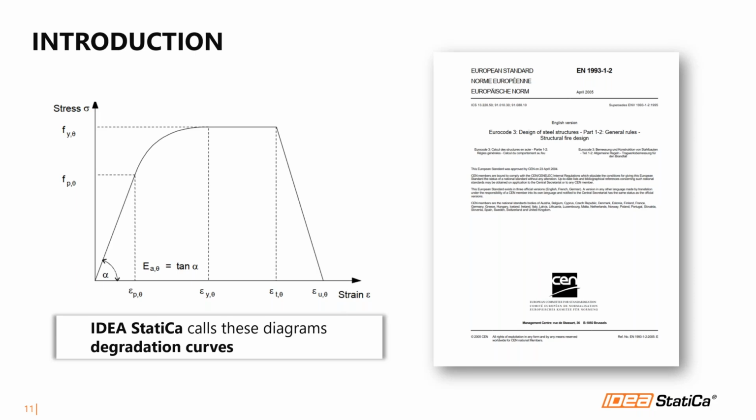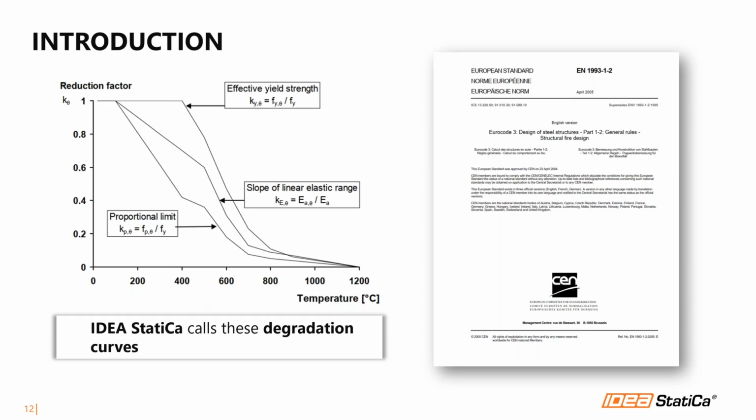And the reason is that we need to accommodate the loss of strength. So in this stress-strain diagram, we can see that after some time, the third branch demonstrates a significant loss of strength after some temperature.